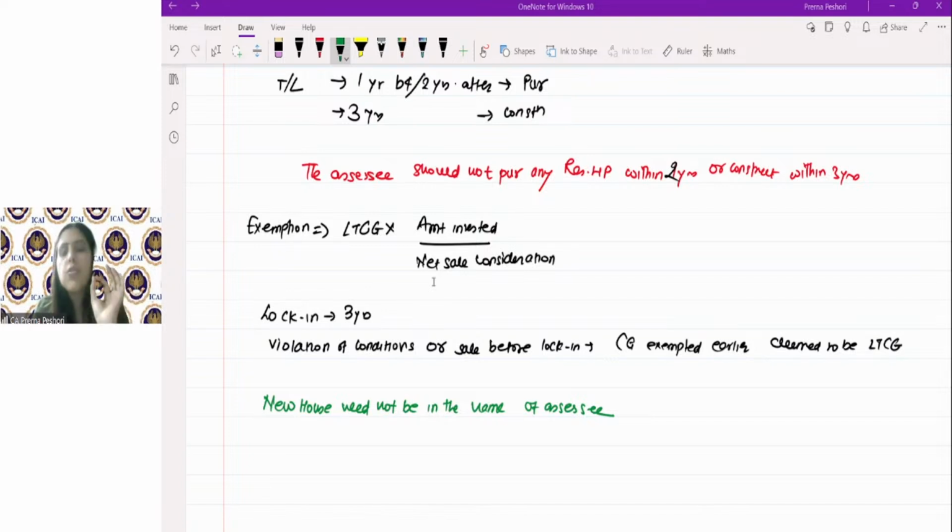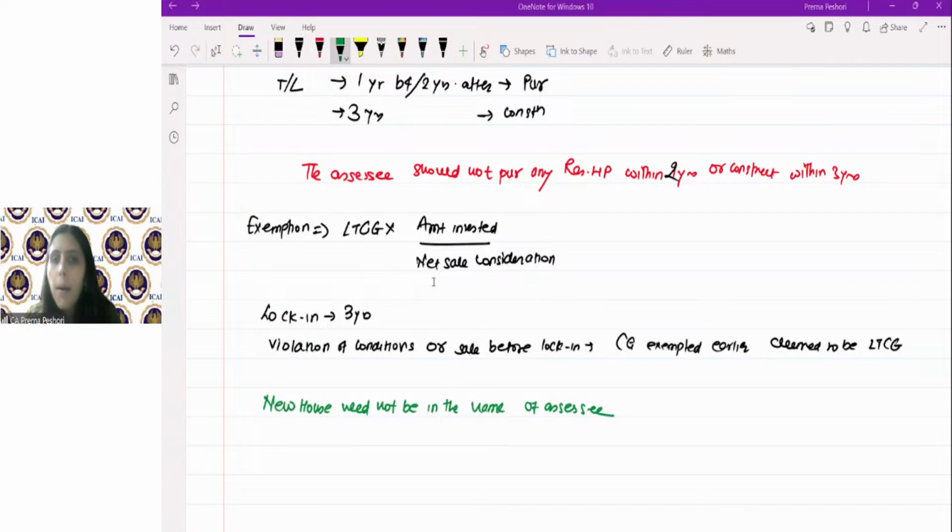There is another issue in the context of 54F where the stamp duty value under 50C was adopted. The question was, can the reinvestment made in acquiring a residential property, which is in excess of the actual net sale consideration, be considered for the purpose of computing 54F? Let's say, for example, your stamp duty value is 50 lakh, the actual sale consideration is 40 lakh, and the capital gain was 12 lakh.